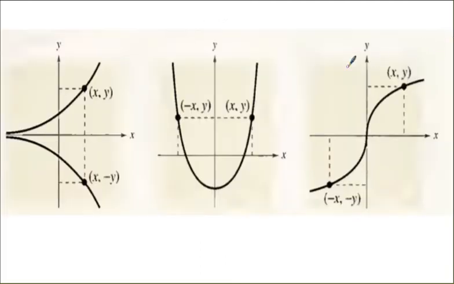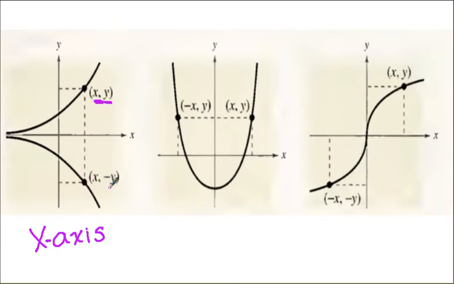Alright, so we have three types of symmetry. The one at the left here is an example of x-axis symmetry. The important thing to notice here is that for every unique coordinate (x, y), I must have the same x value.